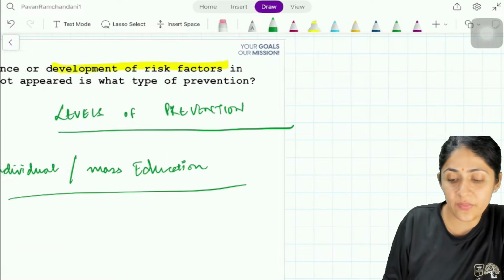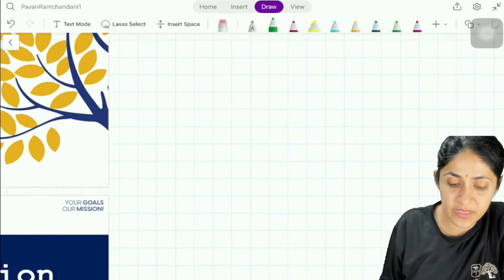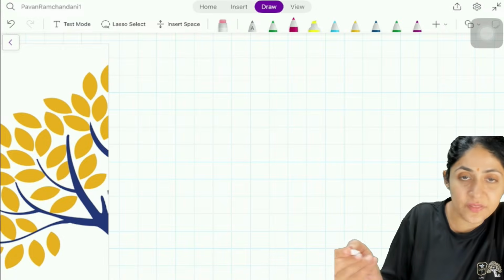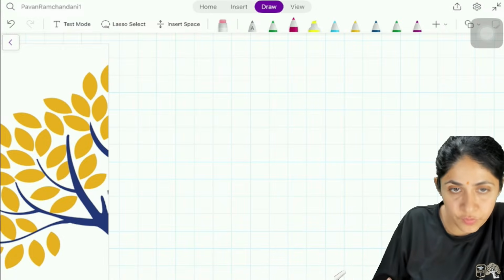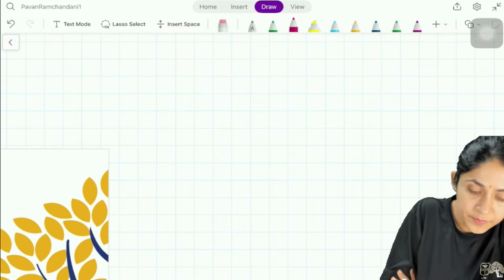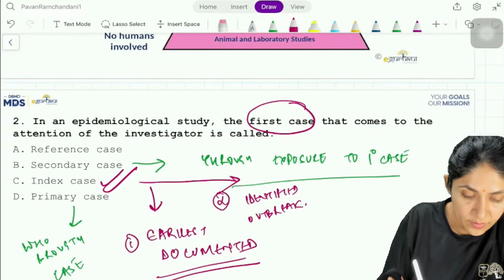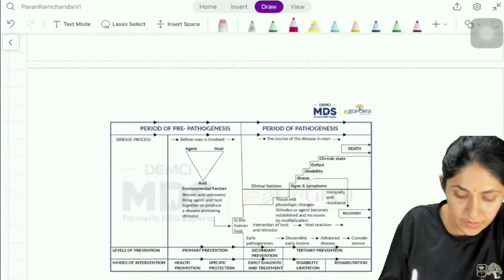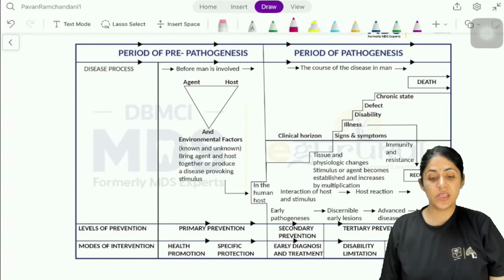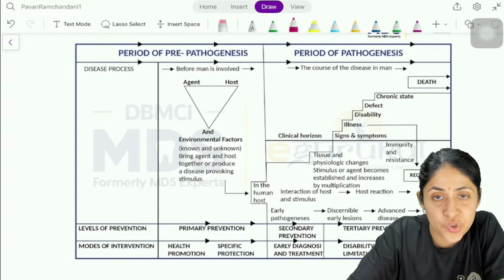Now I will be explaining the various levels of prevention with example and detail, because various MCQs have been asked and I have seen students getting confused. So first, see, this is your diagram. Now primary prevention is that which is taken care of in the pre-pathogenesis phase.